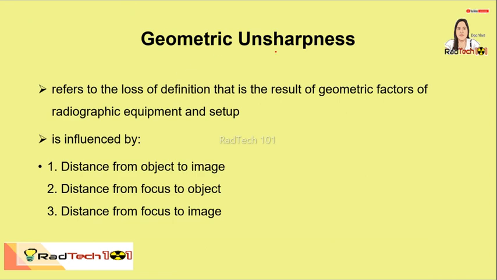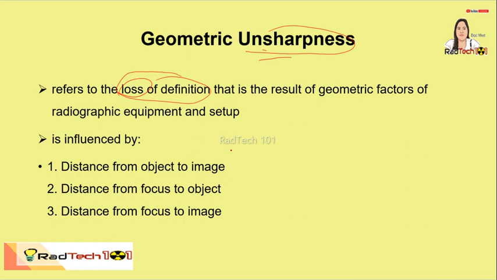Next term is geometric unsharpness. This refers to the loss of definition that is the result of geometric factors of radiographic equipment and setup. Geometric unsharpness is the opposite of geometric detail. When our geometric detail is good, the image is sharp. But when the geometric detail is not good, there will be unsharpness, loss of definition, meaning some parts are no longer clear. Some structures in the radiograph are also no longer clear.